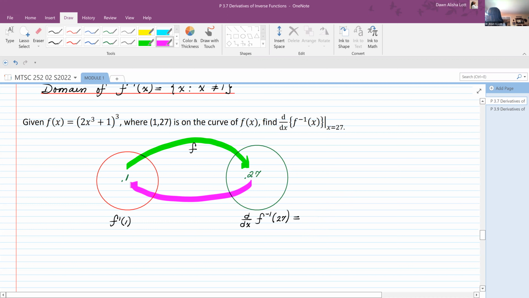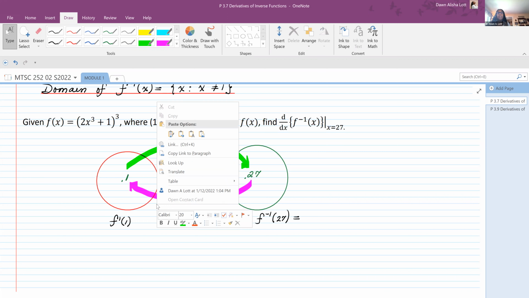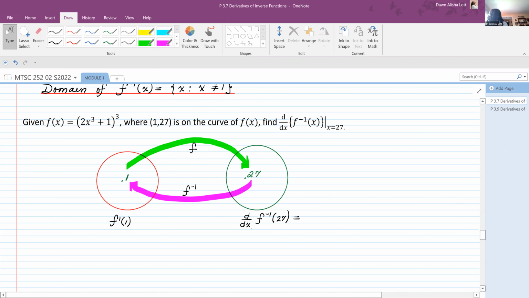Notice we didn't find the inverse function, but the inverse function picks up 27 and takes it back to 1. So what we're being asked to find is the derivative with respect to x of the inverse function at 27.